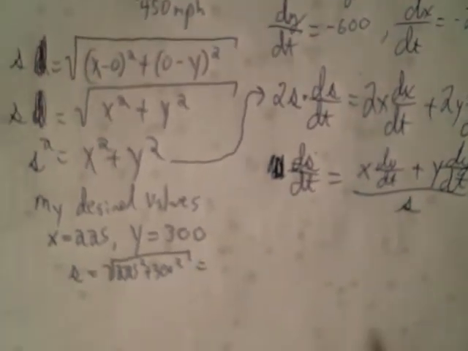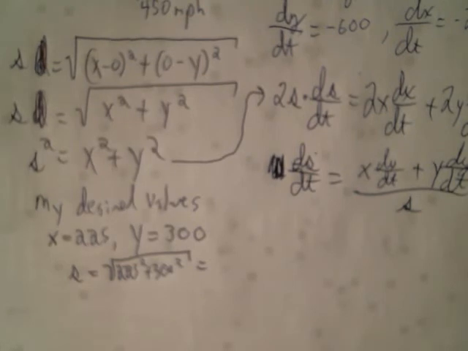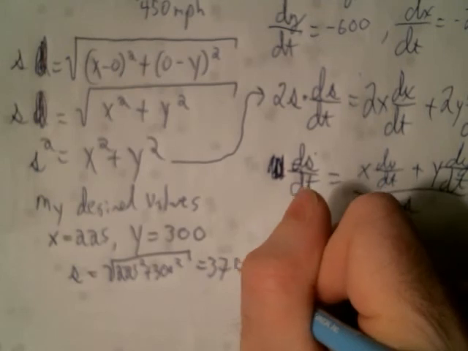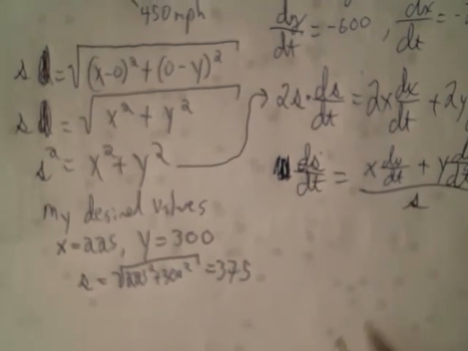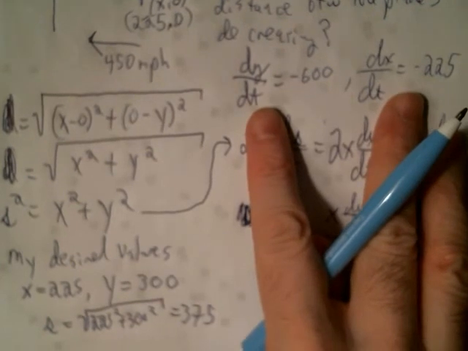I'm just using this formula to solve for this s value. Putting that into my calculator, I get 375. Okay, I already know the velocities of the airplanes.